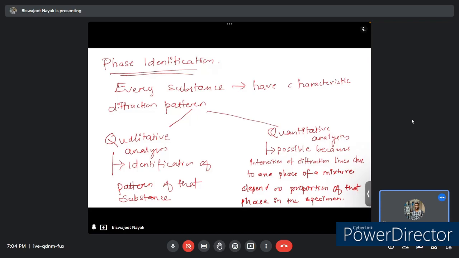For example, if a sample contains two compounds A and B, A has X proportion and B has Y proportion, then the diffraction method will disclose the presence of AX and BY as such, whereas the chemical analysis would show only the presence of elements A and B and not their proportion.